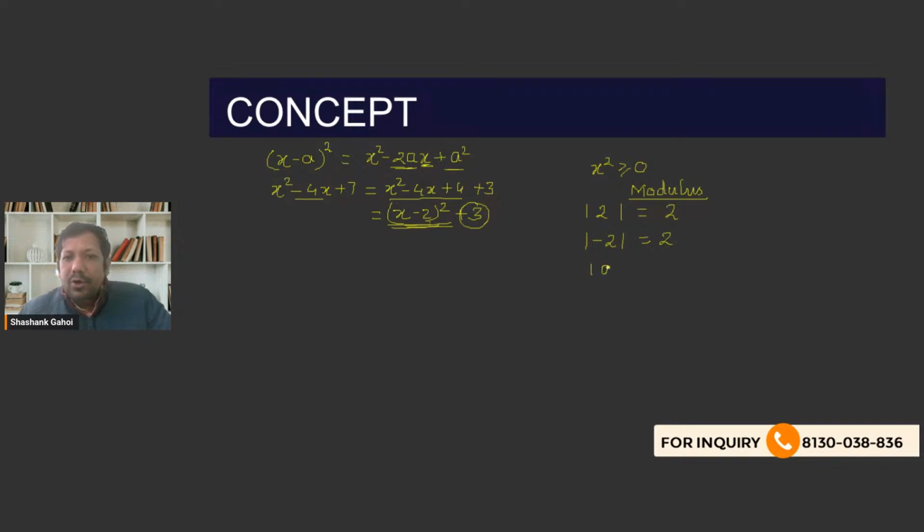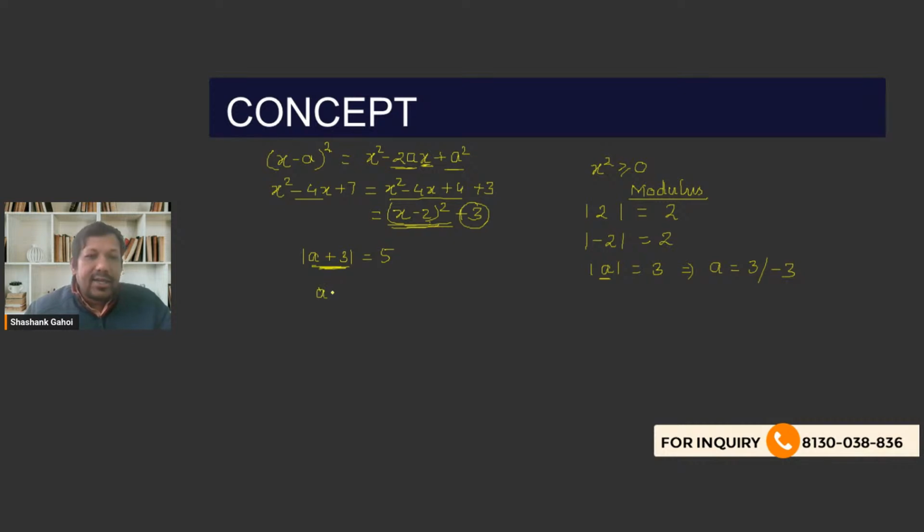If I say that mod of a equal to 3, how am I going to calculate? Basically a can take a value of 3 or minus 3, because mod of 3 is 3, mod of minus 3 will also be 3, right? So from here we can conclude that the value of a is going to be either 3 or minus 3. If I say that mod of a plus 3 is equal to, let's say, 5, it means this value is going to be either 5 or minus 5.